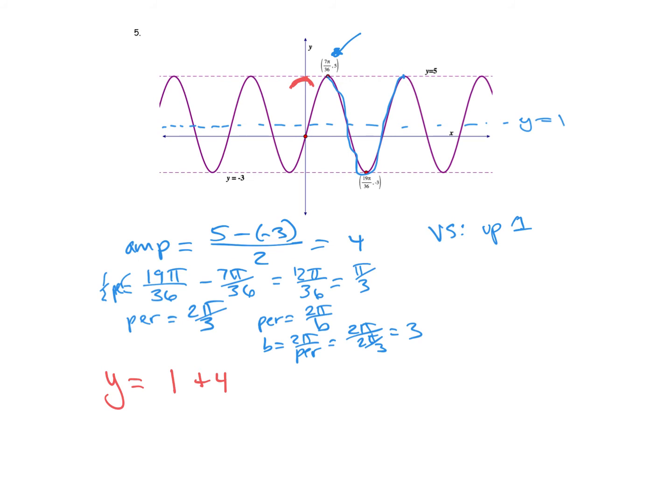Cosine, and then the b value is 3, and I'm going to put that outside these parentheses because I'm talking about a phase shift after the period's been changed, so it's going to be to the right 7 pi over 36. You certainly can leave it like that, but if you prefer to distribute the 3, you can say y equals 1 plus 4 cosine of 3x minus 7 pi over 12.